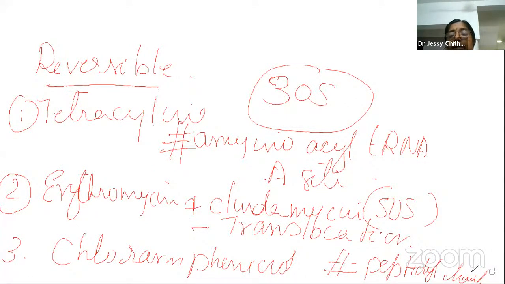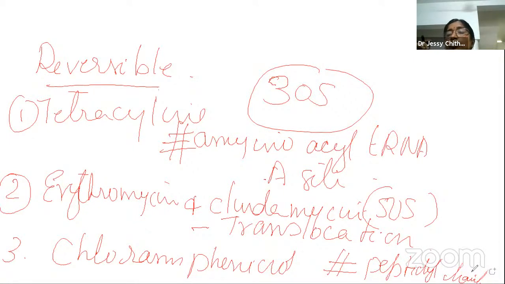What is the action of tetracycline? It will inhibit the binding of aminoacyl tRNA to the A site, and erythromycin and clindamycin will inhibit the translocation process, the movement of peptidyl tRNA from the A site to the P site. And chloramphenicol inhibits the peptidyl transferase enzyme.